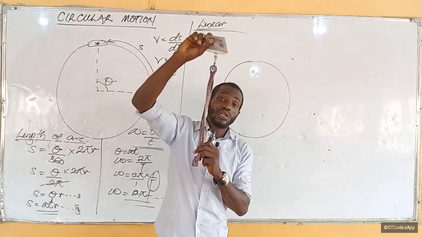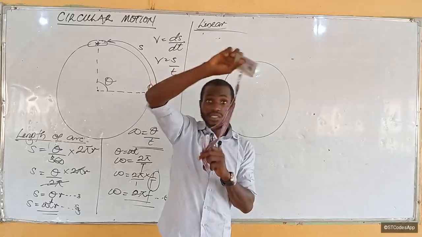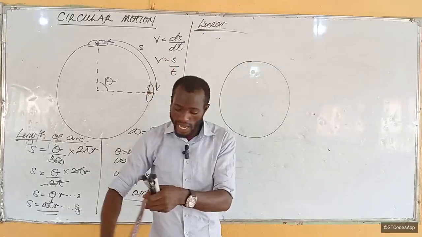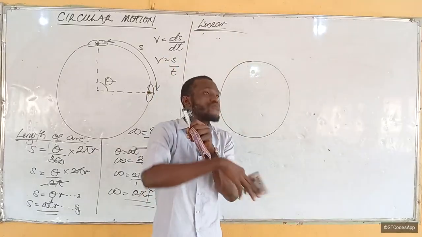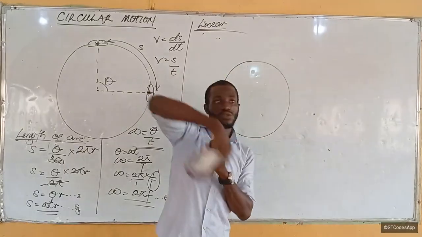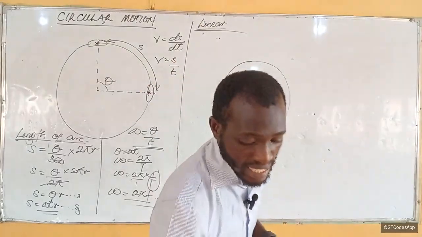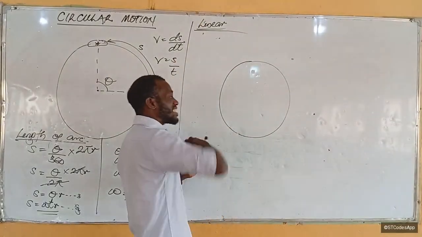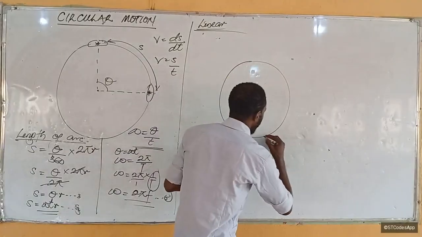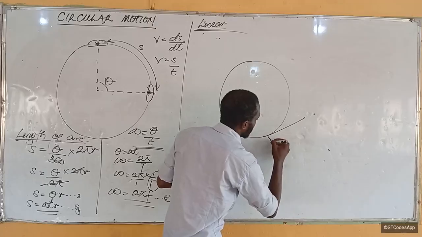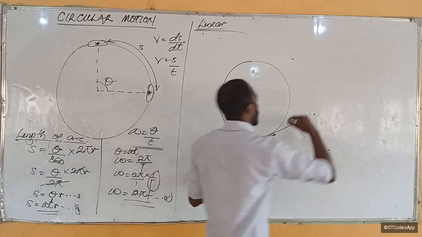If it's going like this and the cutting happens in this direction, it will move up. If it was going like this, it will move in this direction. So what I'm trying to say in essence is that it always moves tangentially. The velocity is always directed tangentially at any point along its motion.